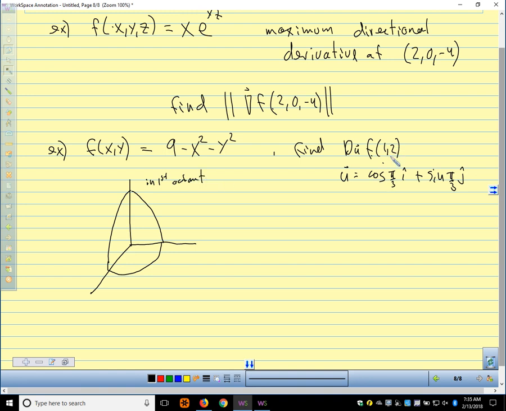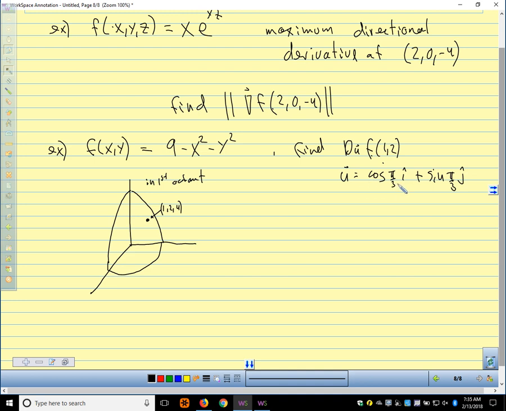And at 1, 2, what is z at 1, 2? 4. So we're at the point 1, 2, 4. So there we are on that surface.